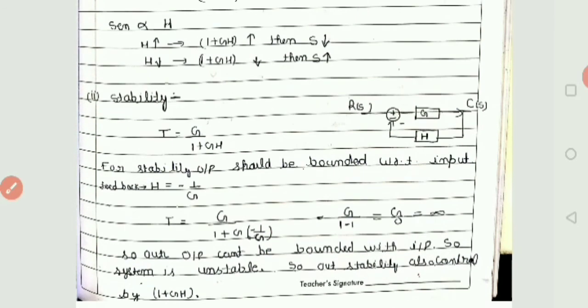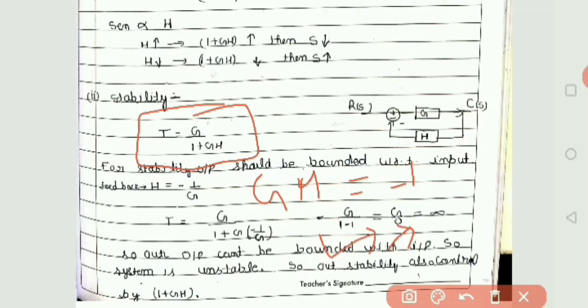We know that T equals G upon 1 plus GH, and if our feedback is such that GH equals minus 1, then 1 minus 1 becomes 0 in the denominator, and G over 0 is infinite.